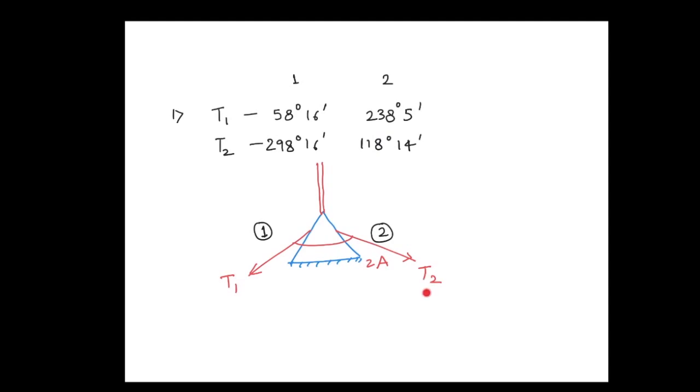In order to calculate the difference, we have to subtract the first vernier of T1 from the first vernier of T2.